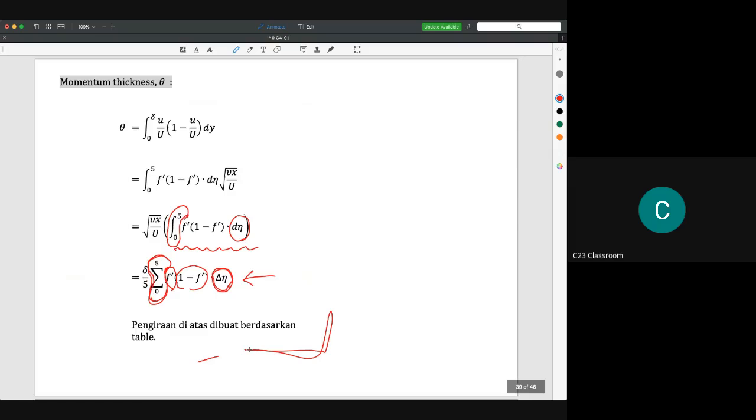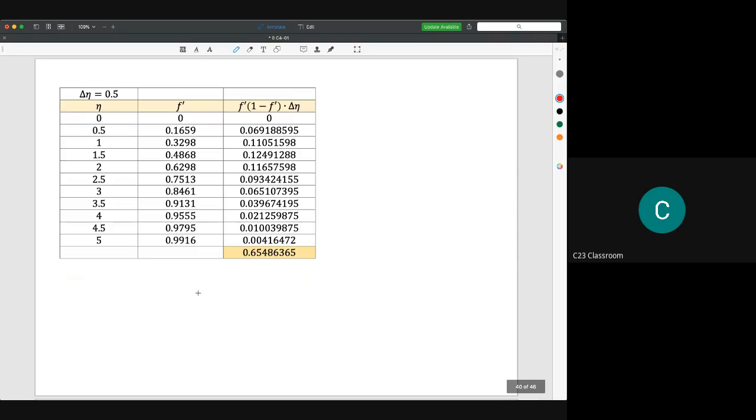So according to this equation, we have d eta, f prime, and 1 minus f prime. Then we could create a table.